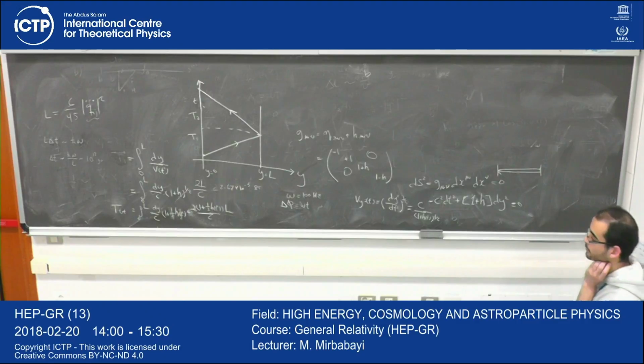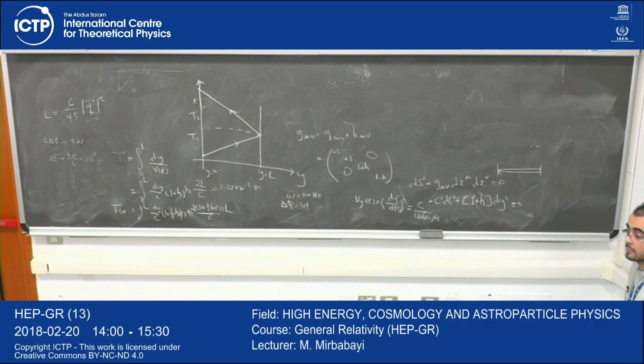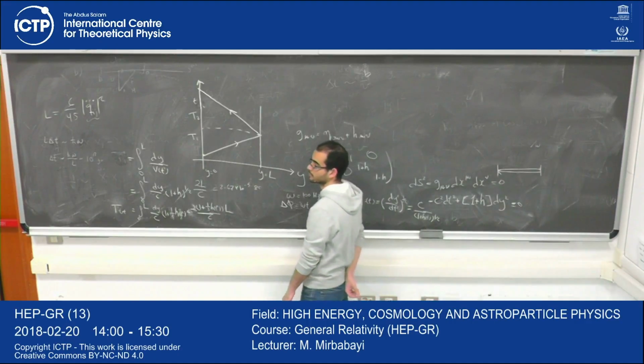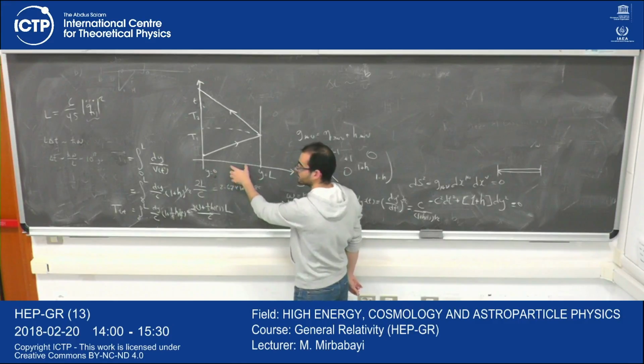What is important is that in this coordinate system, the mirrors do not change. That's why we are interested in dy/dt, because the mirrors are located at y equals 0 and y equals L, even when you shine the gravitational wave. They will remain at 0 and L, but the distance in between can increase and decrease, oscillate, while the coordinates remain the same.